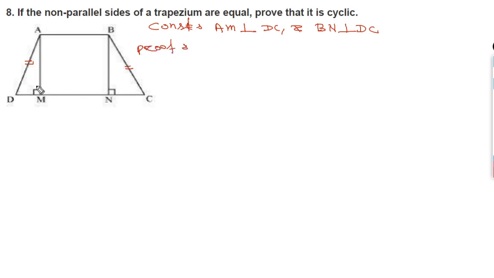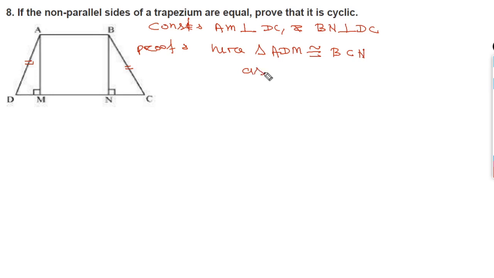Now we have two triangles, triangle ADM and triangle BCN. Here triangle ADM is congruent to triangle BCN. Why? Give reason.